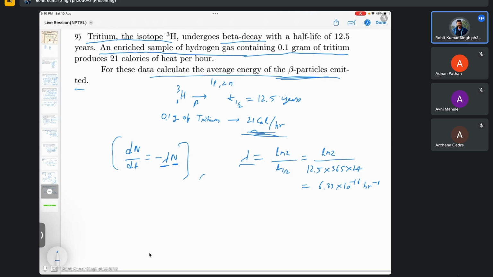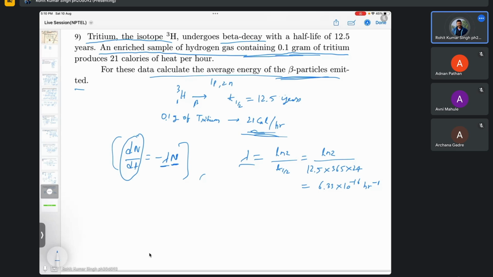If we calculate the number of tritium nuclei that are there at a certain time t, which is given here, 0.1 gram of tritium, then we can calculate the rate of decay, and it's just a matter of conversion.